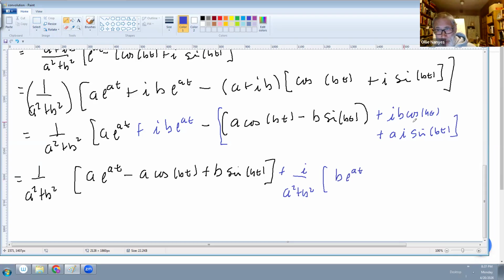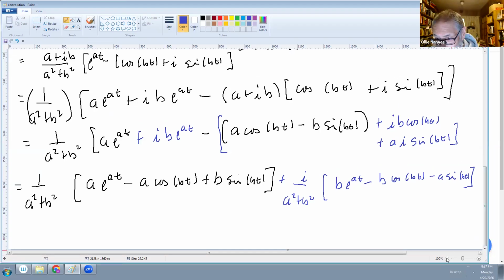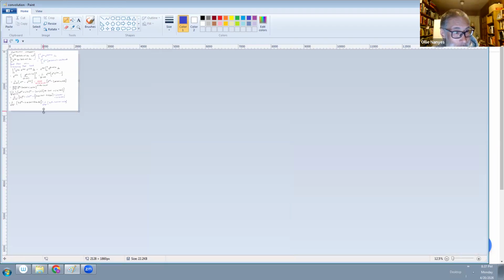Now we have a minus b cosine bt minus a sine bt. So, what this basically tells us, and I think we should give ourselves a little bit of room here.